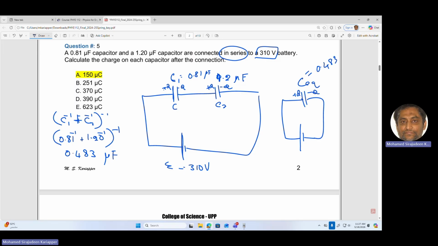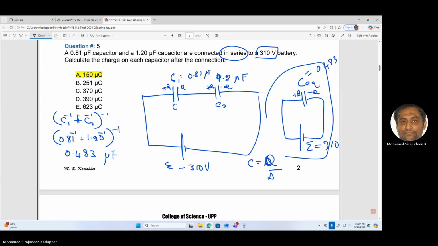What is the next step? We have reduced it to this one. Now it is easy because you have just one capacitor and you know the potential, the voltage applied is 310. So you have the definition of capacitance, which is equal to the charge on the capacitor divided by the potential difference.